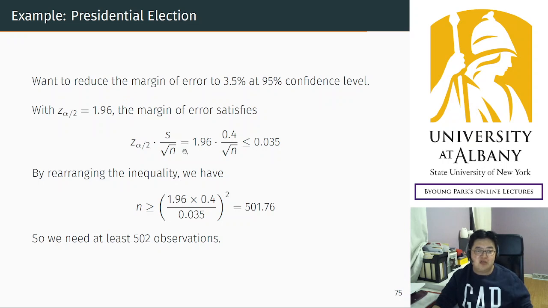Rearranging this inequality, we have this inequality at the end. So n should be greater than 501.7 something. So at least, you should have 502 observations. So you need 502 observations to reduce the marginal error to this level.